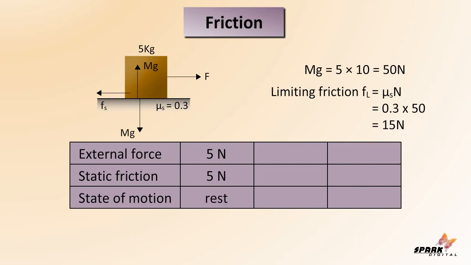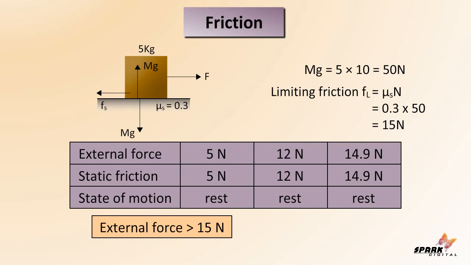Now, if we increase the external force to 12 Newton, again it is less than limiting friction. This time static friction becomes 12 Newton to counter the applied force. The block remains at rest. The body will not move even if the external force is 14.9 Newton.